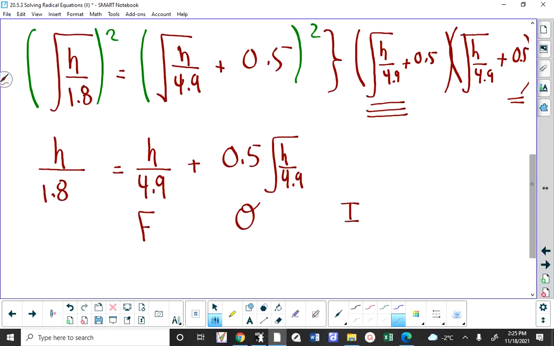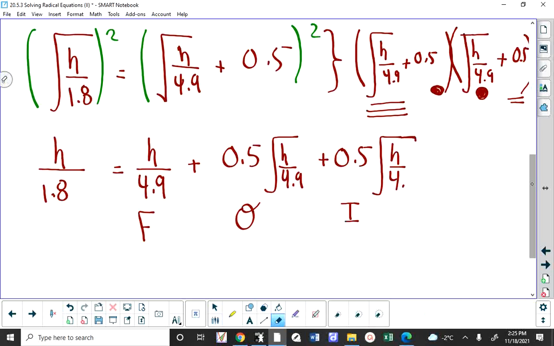My inner is going to be the product of this term and this term, which will be another 0.5 root h over 4.9. And my last is the product of this and this, which is 0.25.